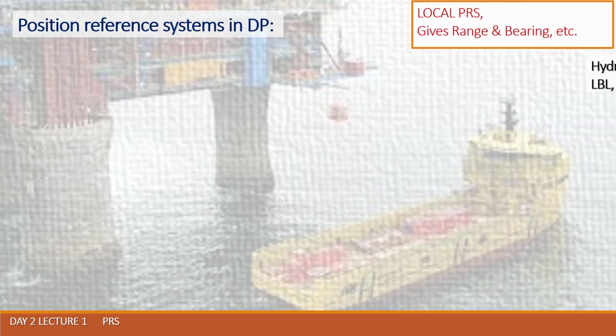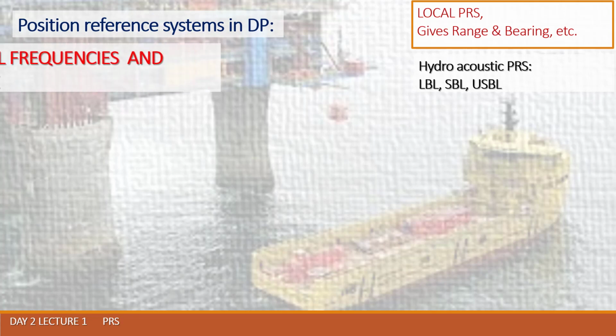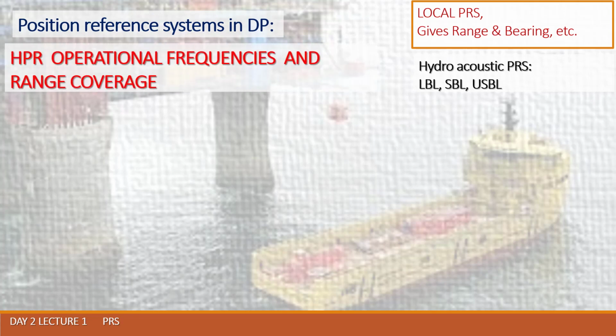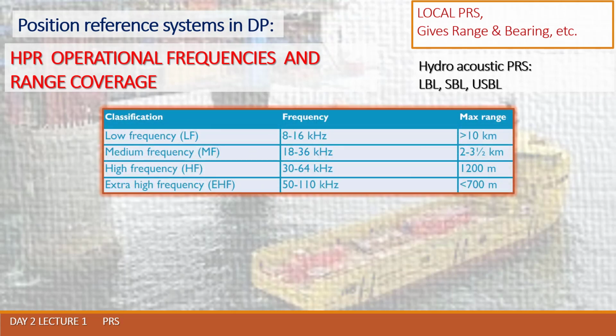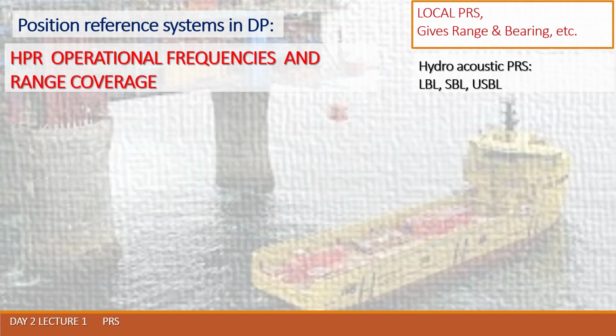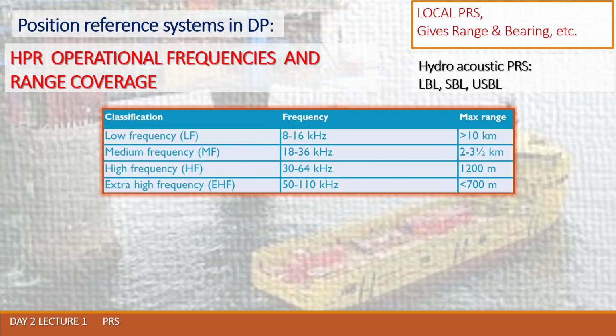Guys, a few words about operational frequencies and the range coverage when we use hydroacoustic equipment. Our low frequency band varies from 8 till 16 kHz, and if the system is configured to use that range of frequencies, we have a maximum operational range of about 10 kilometers. At medium frequencies, which vary from 18 till 36 kHz, we have an operational distance from 2 till 3 kilometers, maybe 3.5.